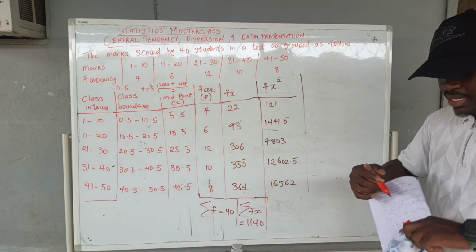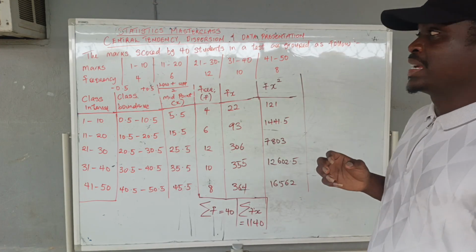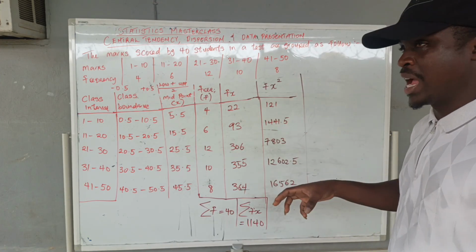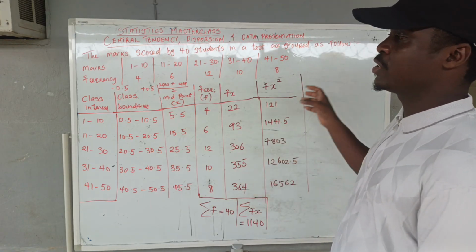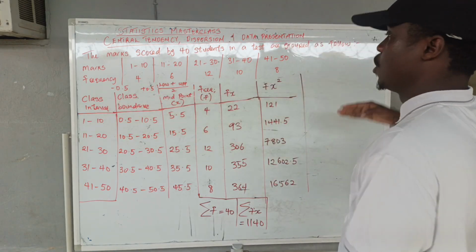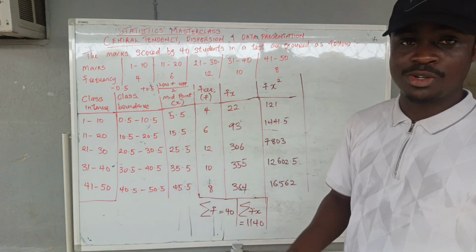Now, when you take a look at this, it also has the frequency embedded in it. I said that at every point where your frequency is attached to a particular value, what you need to do is to sum it. That means you are adding everything in that particular column.